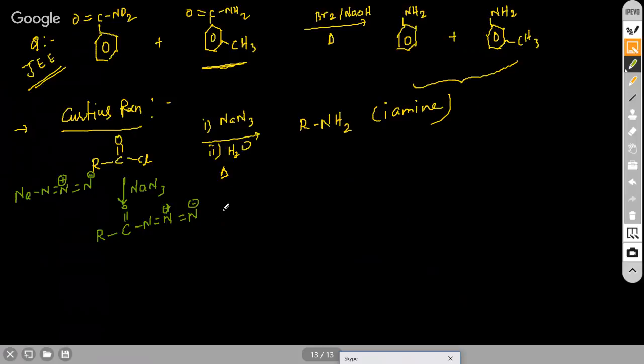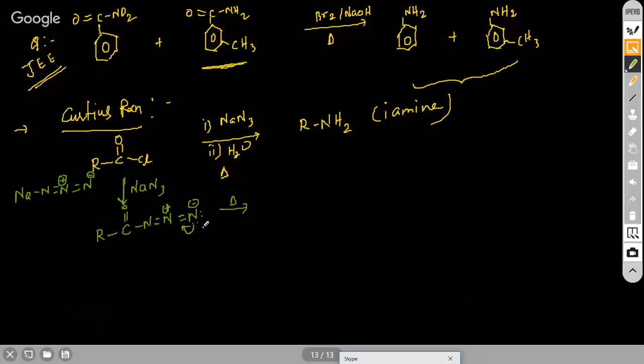Can you tell me next what happens when you heat this? Obviously this lone pair comes over here, so we'll get RCON with a vacant p orbital, plus N2. After this, what happens?